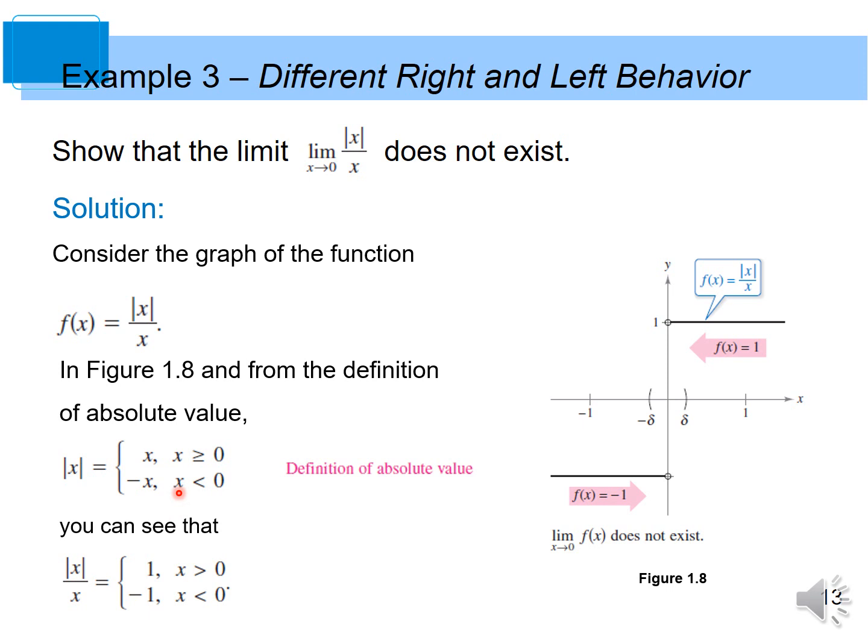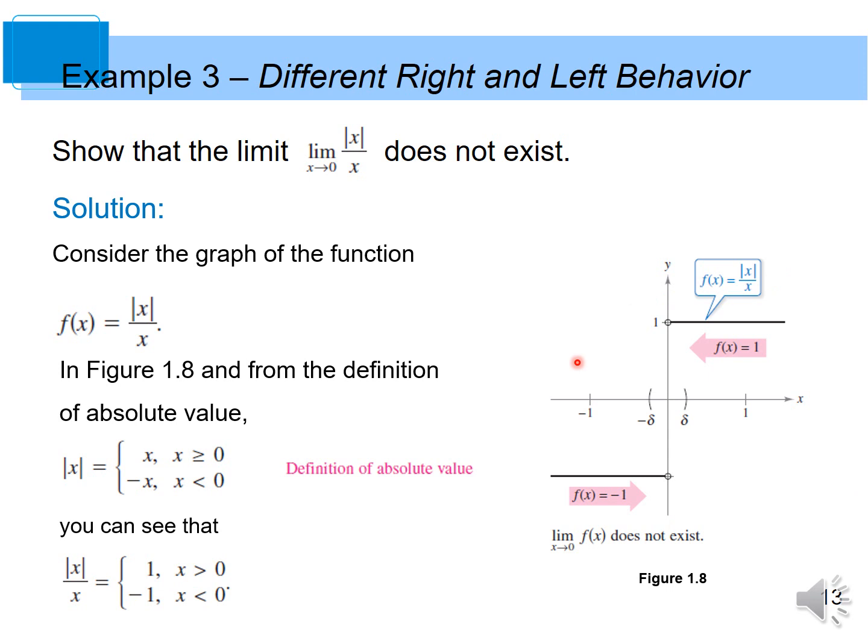When x is a positive value, when x is greater than 0, the value is 1. And when x is a negative value, after we simplify, it is negative 1.